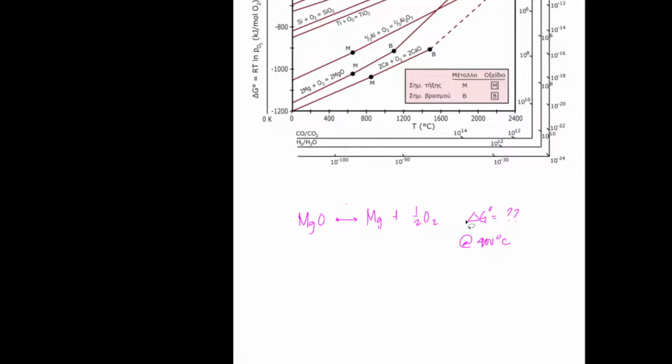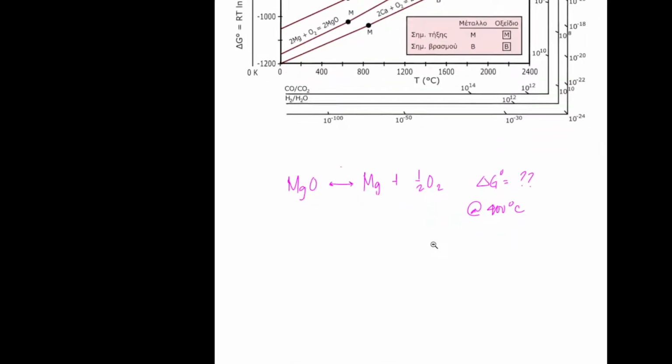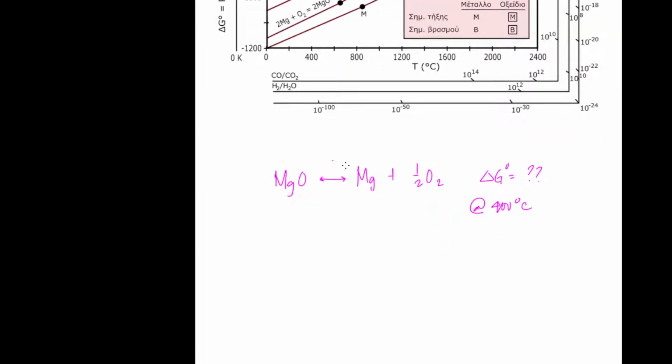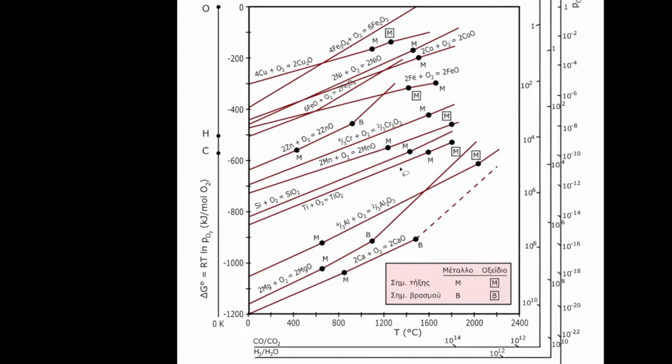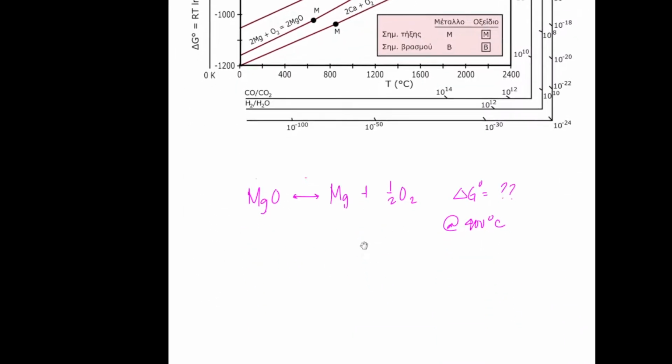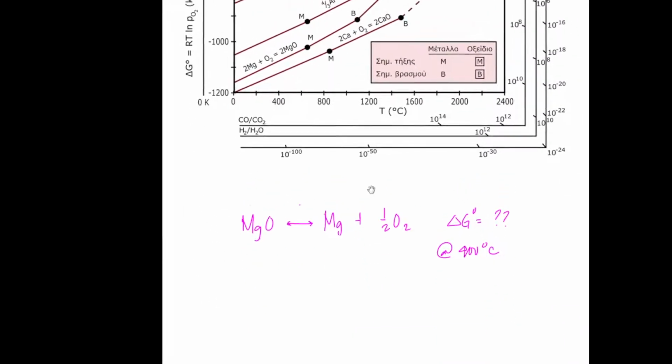To solve this, we note first of all that the reactions noted in the Ellingham diagrams are oxidation reactions. So whatever value we get here should be negated because this is a reduction reaction.